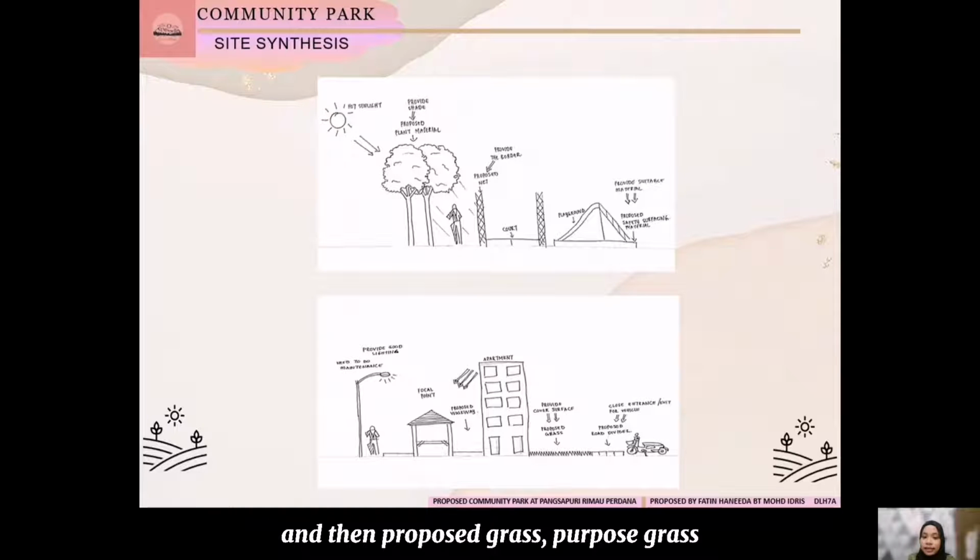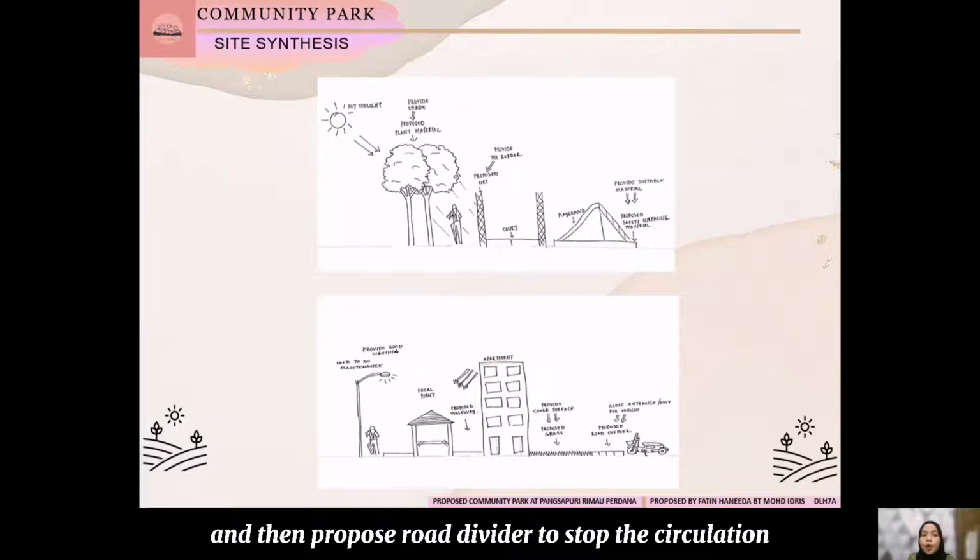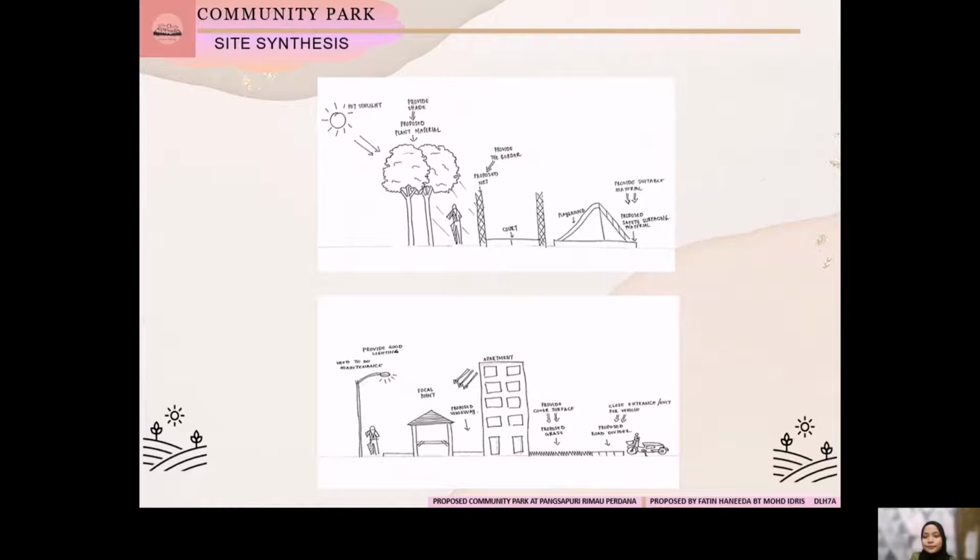And then propose grass to recover the existing surface. And then propose a road divider to stop the circulation of vehicles that can disturb the people in this site.